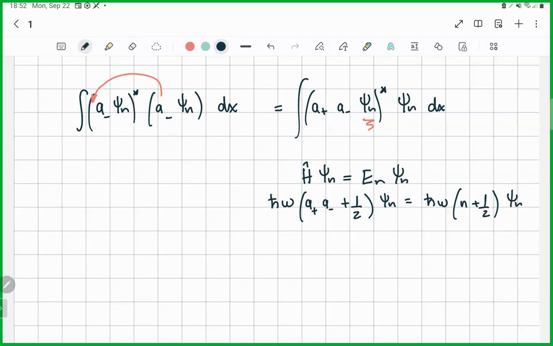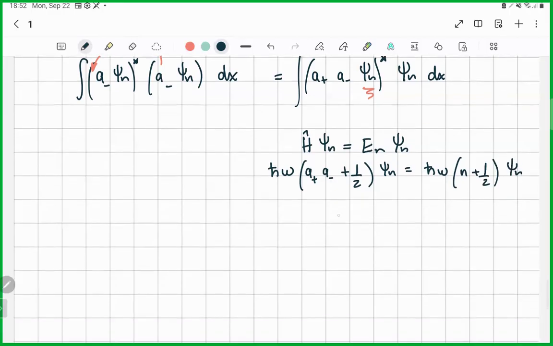From here, similar to what we did above, you realize that a₊a₋, this combination of operators acting on ψ_n, gives us n ψ_n. This is very important to realize.